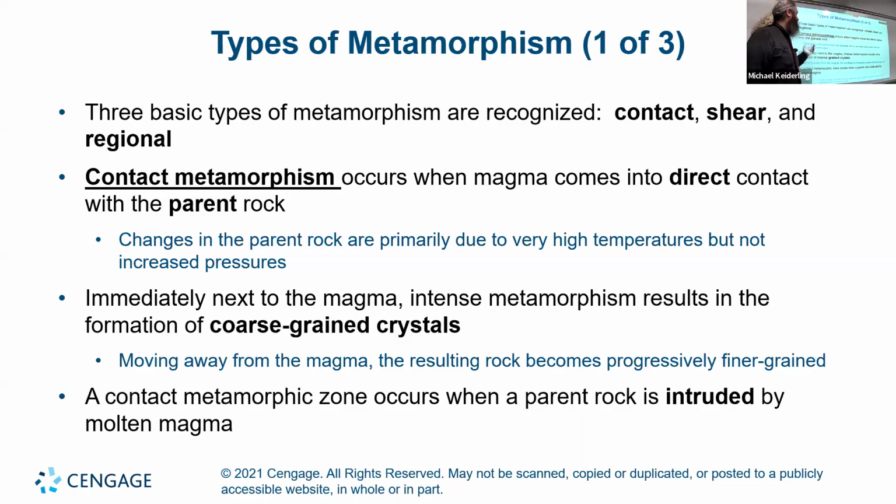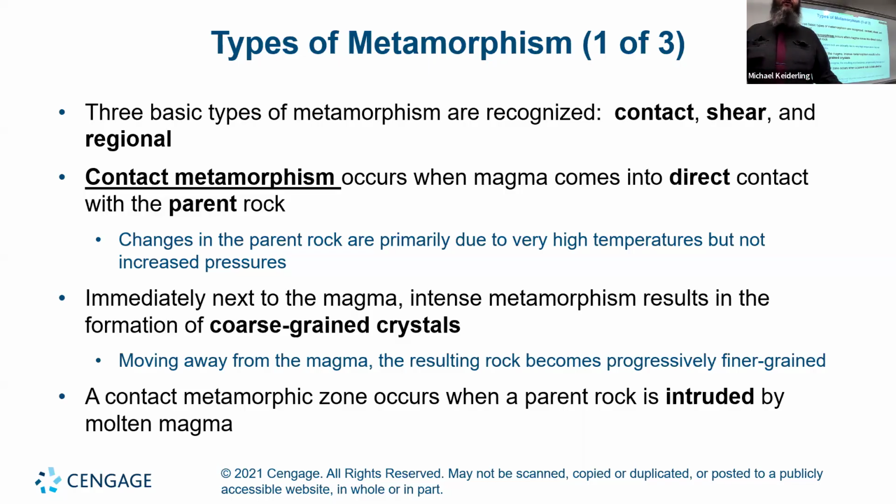And so with contact metamorphism, you're mainly dealing with high temperature, but not high pressure. Immediately next to the magma, you get intense metamorphism, which forms very coarse-grained crystals. And as you move away from the magma, the rock gets progressively finer grained.